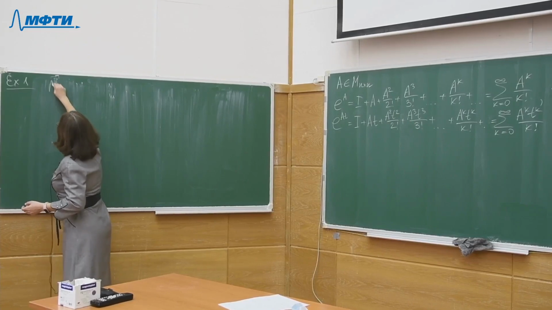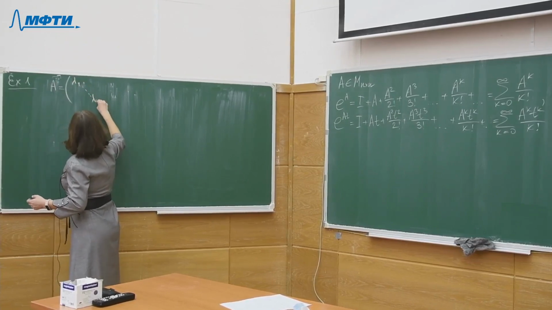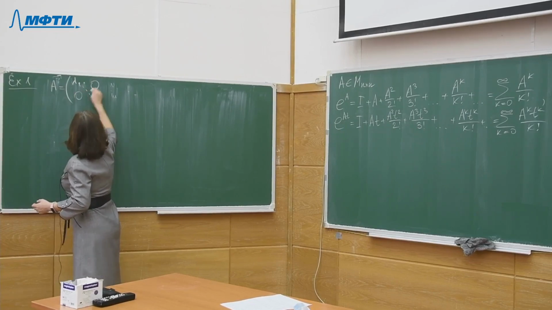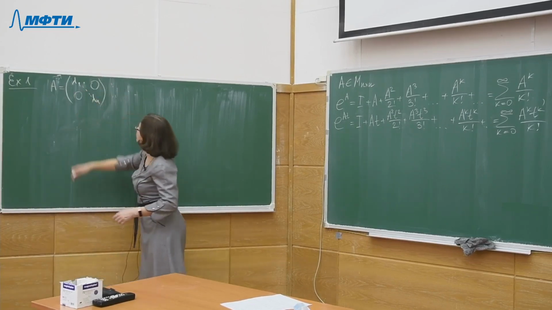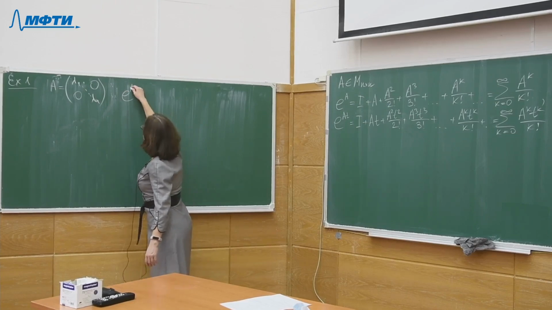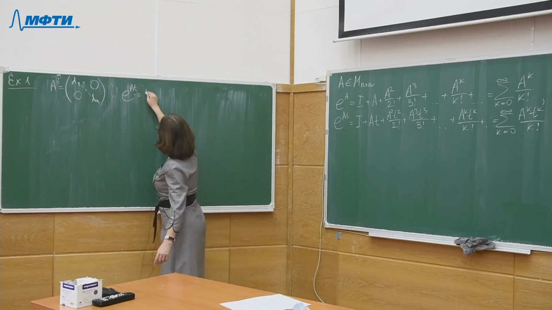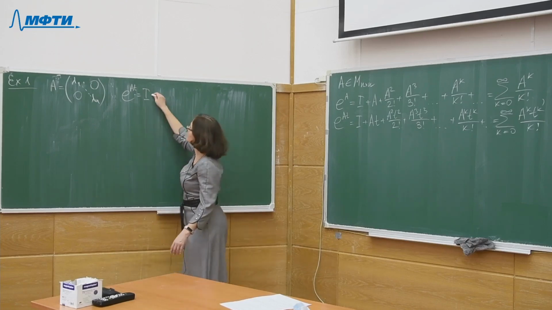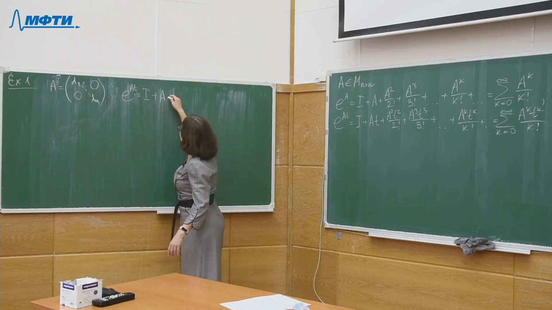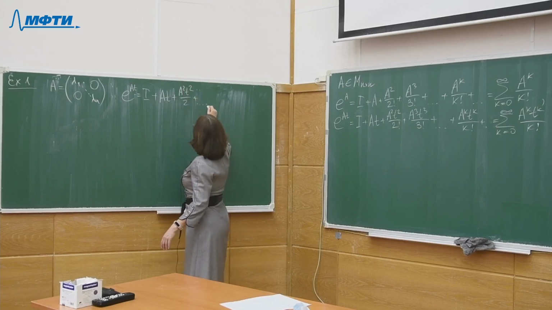If A is a diagonal matrix, with lambda 1, dot dot dot, lambda n on the main diagonal, let's try to find e to the power At. What is it? By definition, it is the identity matrix plus At plus A squared t squared over 2 plus dot dot dot.